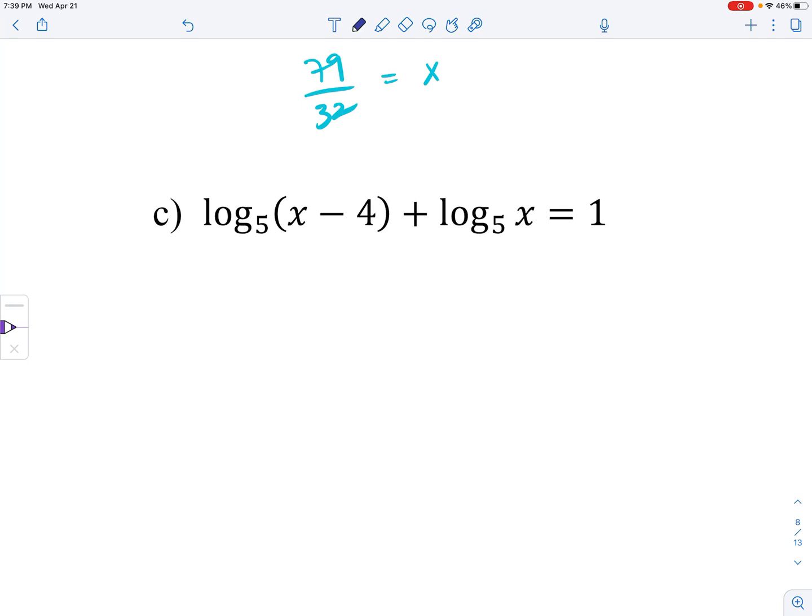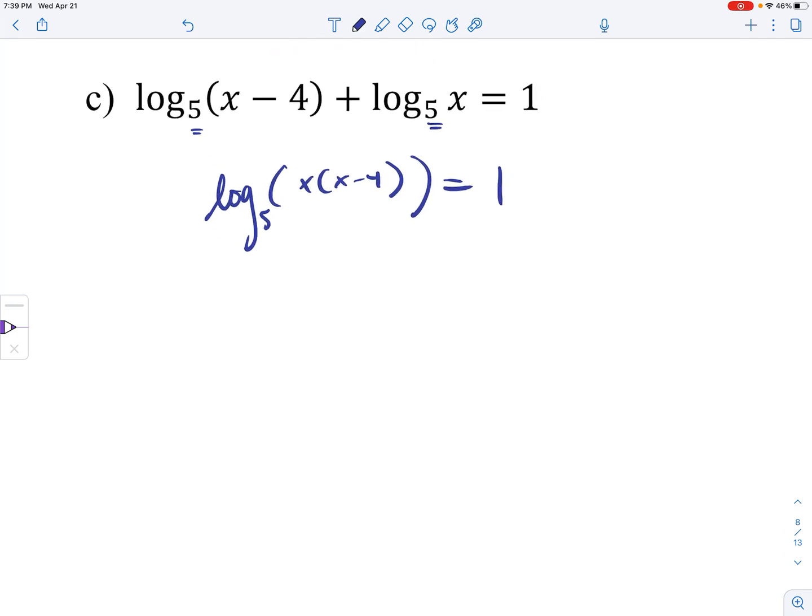Okay, now for this next one in C, we do have the same base here. And we have the logs being added together, so we can use that product property for logarithms again and rewrite the left-hand side as log base 5 of x times x minus 4.